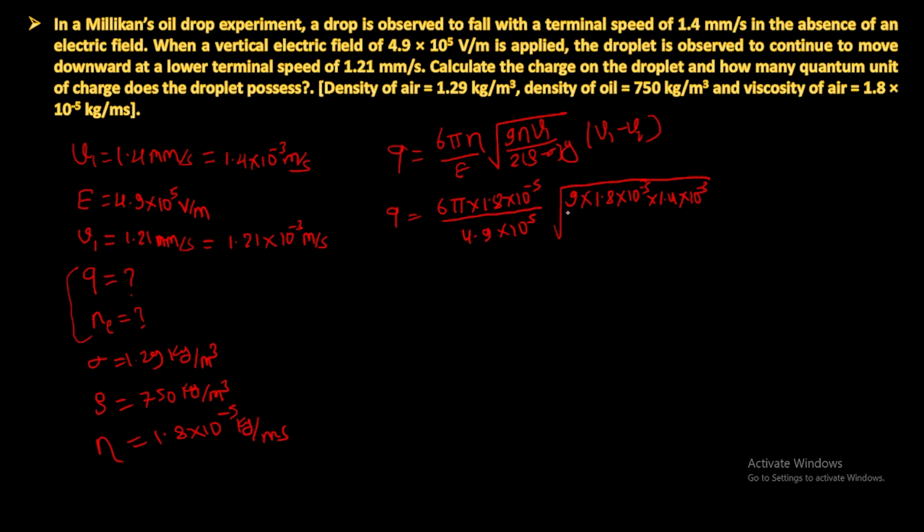The lower part, 2 bracket rho means 750 minus 1.29, into 9.8 as acceleration due to gravity, into the terminal velocities 1.4 into 10 to the power minus 3 minus 1.21 into 10 to the power minus 3, the second terminal velocity.